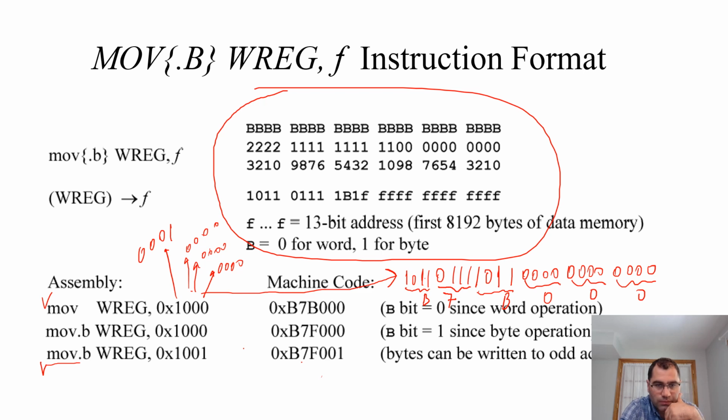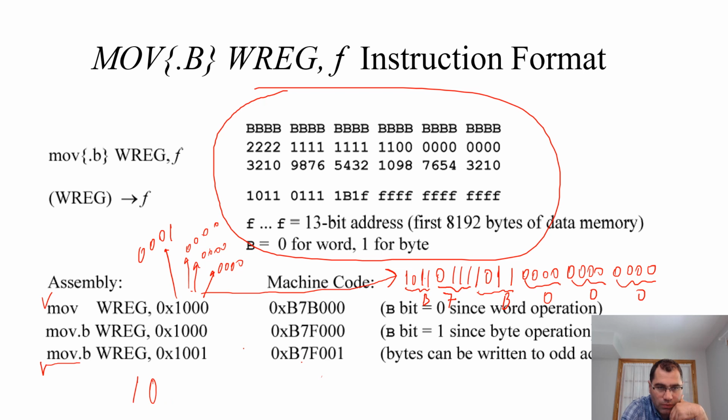Okay, so let's do this again. Again, let's just look at this format. I'm doing this one. Okay, so 1 0 0.